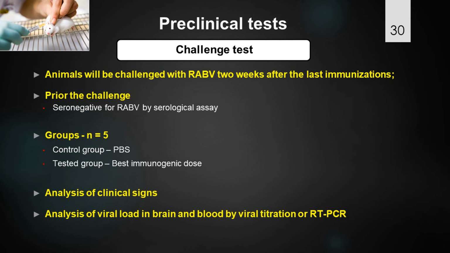Also, the control group will be injected with sterile PBS. The animals will be analyzed based on the clinical signs. Furthermore, an analysis of the viral load in brain and blood by viral titration or real-time PCR will be conducted.